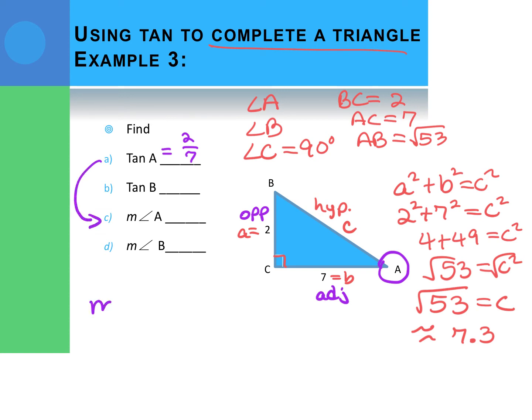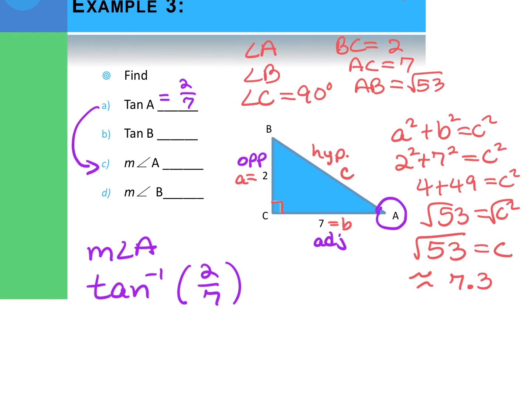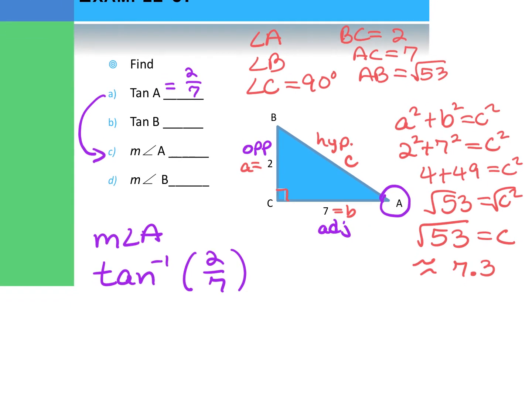So to find the measure of angle A, I'm going to do inverse tangent, and then put the 2/7 here. Now, if your calculator does not let you input things as a fraction, we're just going to use division, because that fraction bar means division.